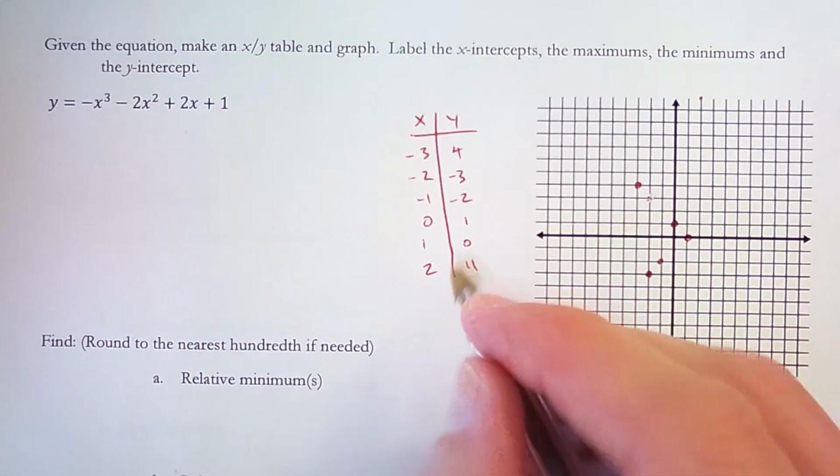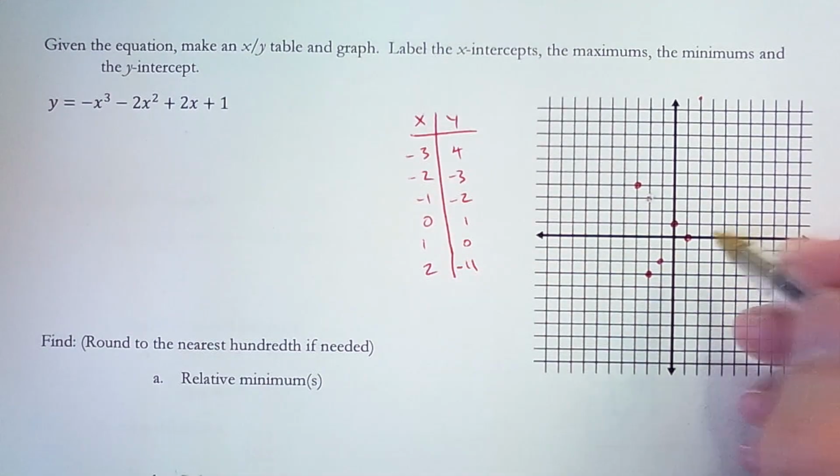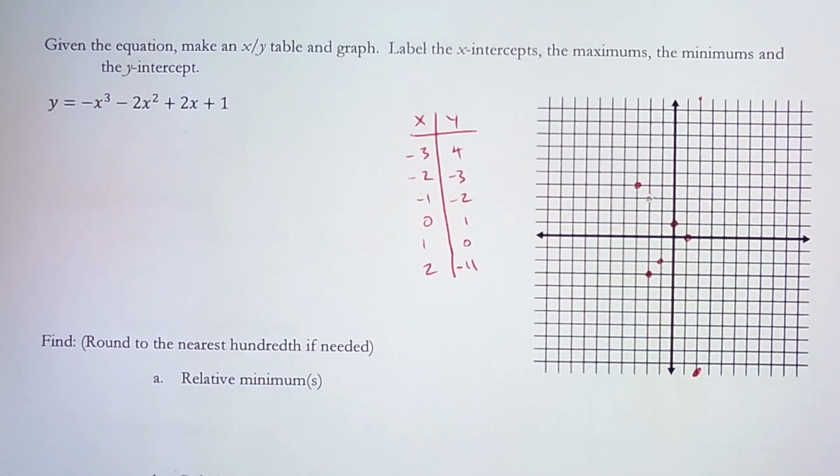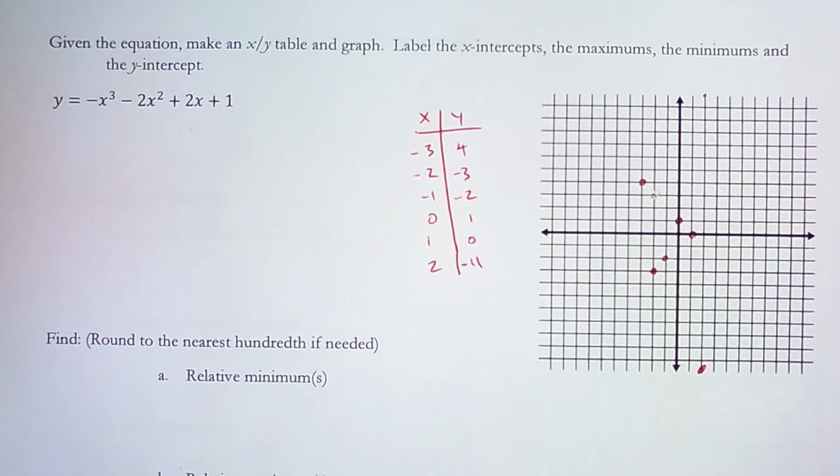Looks like I put a wrong output here, so that should be -11. Okay, so those are some of the points on the graph.